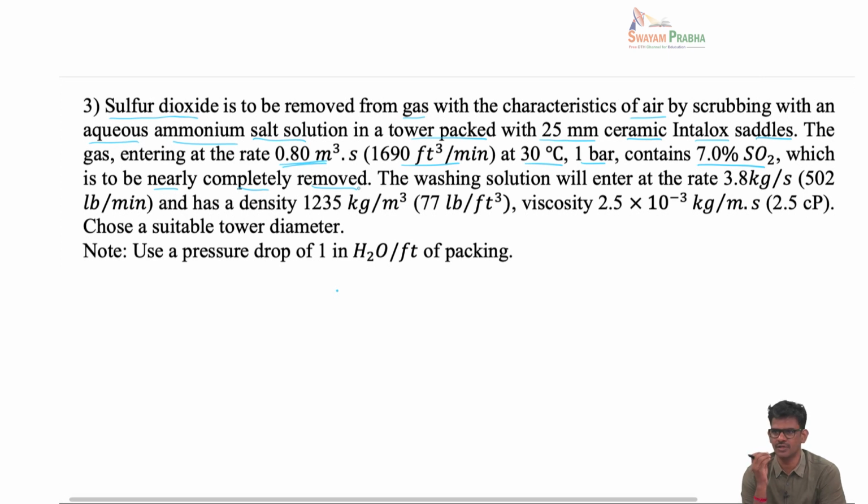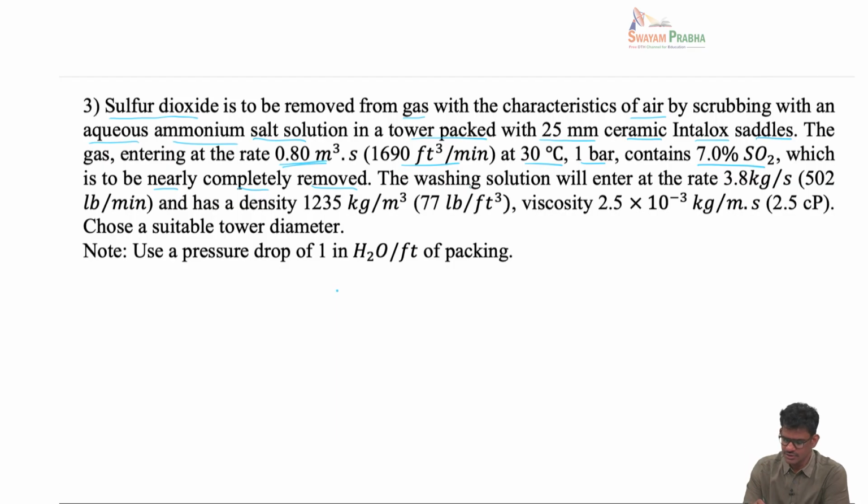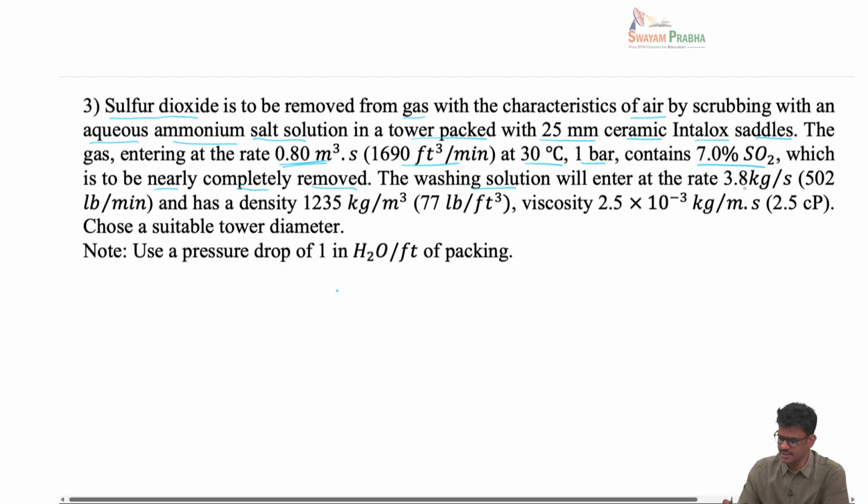All the SO2 should be removed in the outgoing gas. The washing solution is entering at a particular mass flow rate of 3.8 kg per second, also given in terms of pound per minute, and its density is given in both units, and viscosity also is given in both units, and we need to calculate the tower diameter.